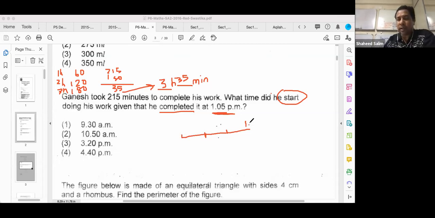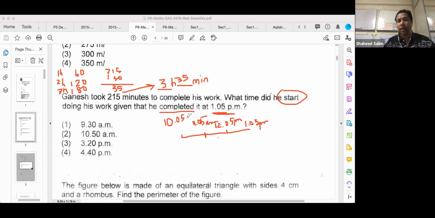It's 1:05 we start. 1 hour before that is 12:05. This one you must know by heart, in the afternoon. 1 hour before that is 11:05 a.m. And then 1 hour before that is 10:05.